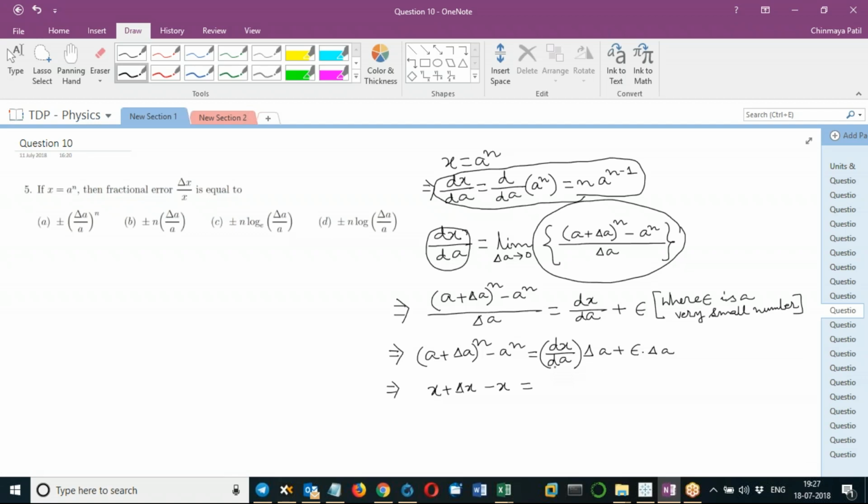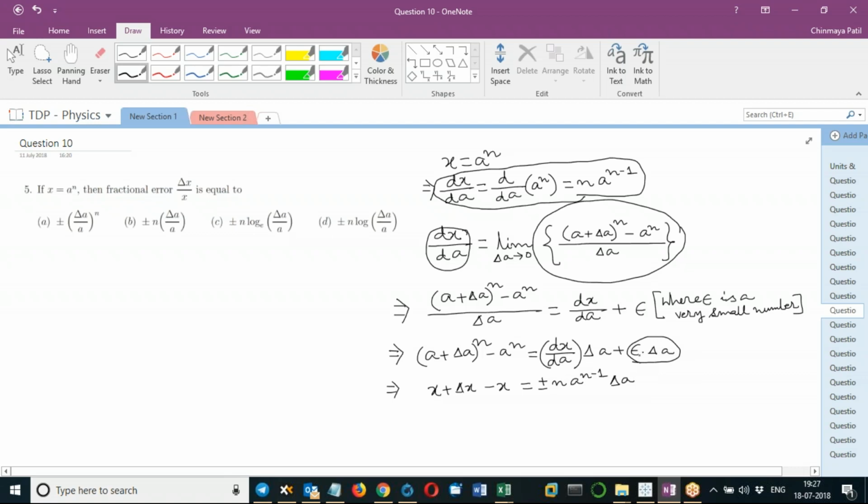So keeping this in mind, instead of writing dx/dA is equal to n a power n minus 1, we write plus minus n a power n minus 1 into delta A. Another point: epsilon is a very small quantity and delta A is also very small.